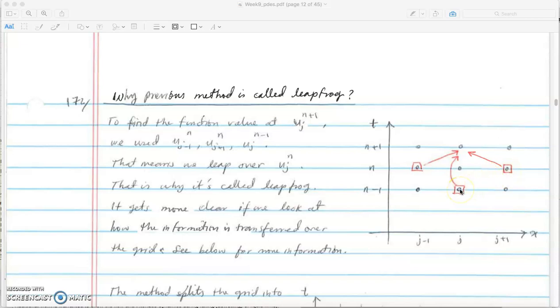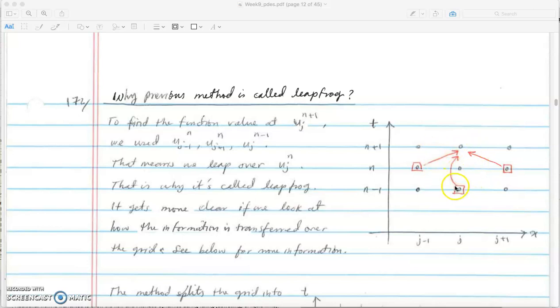We also need to know the variable at time tn minus 1 and xj. So these are the 3 terms in that difference equation we showed before. We're going to use these 3 to calculate that one. If you look at this grid of 3 by 3, out of these 9 points, I used only 4 points. Basically, I skipped over the middle one.